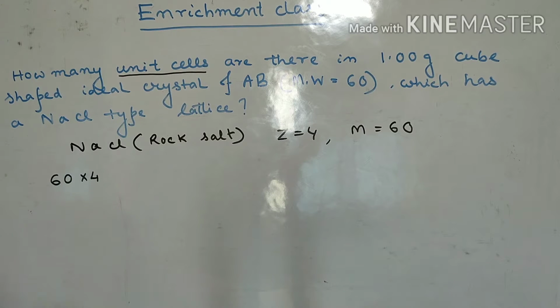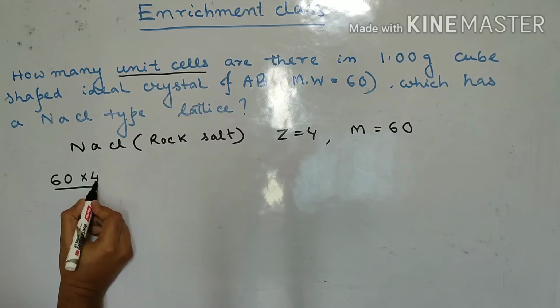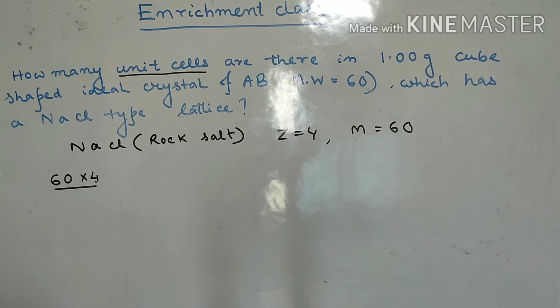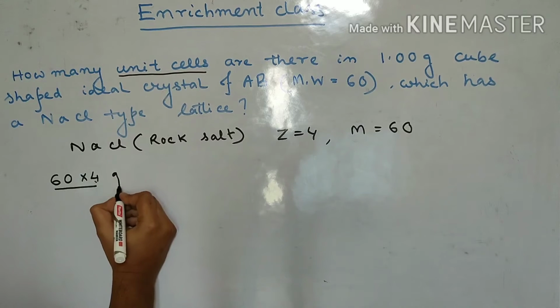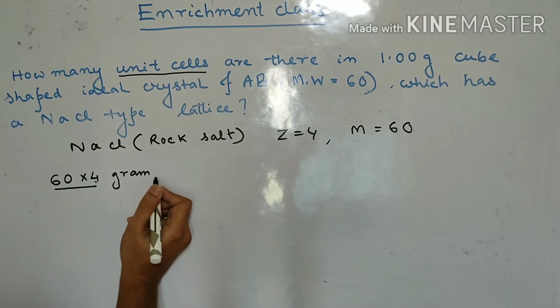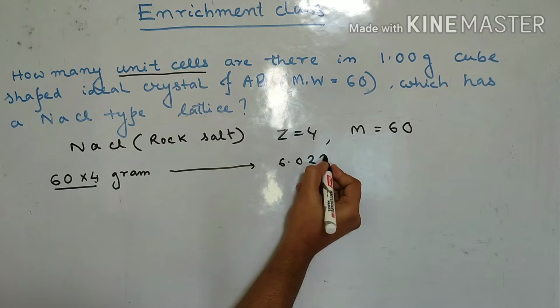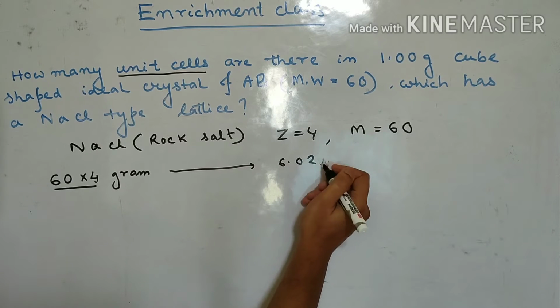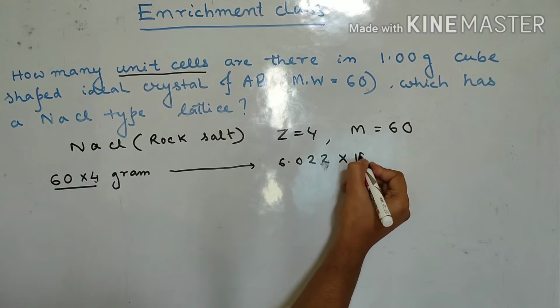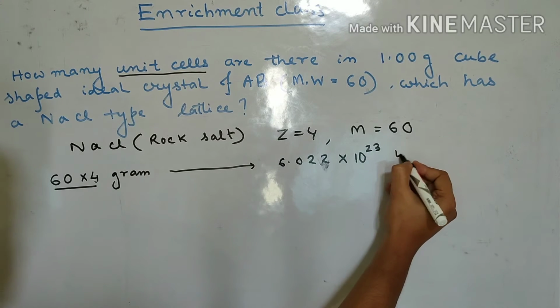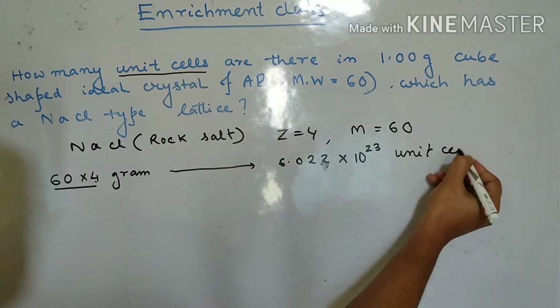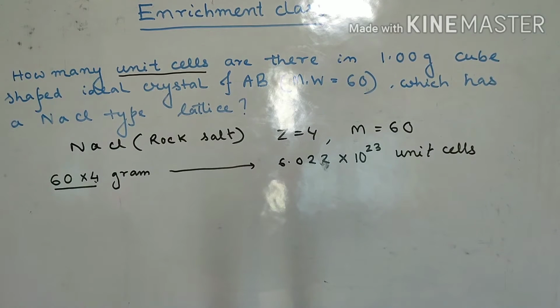So we can say that this many grams will have 6.022 into 10 to the power 23 number of unit cells, because molecular weight should be multiplied by the number of atoms in a unit cell.